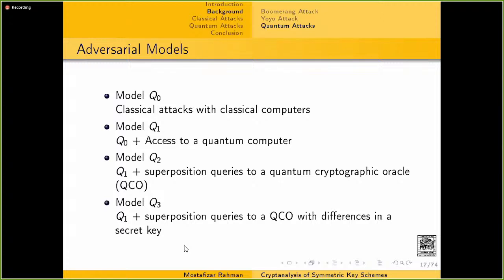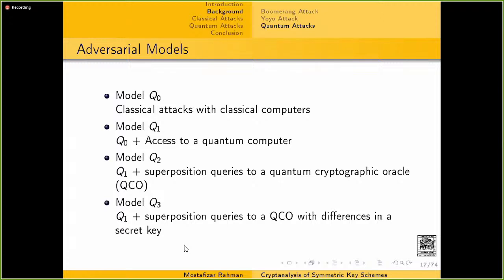In the Q1 model, the adversary has no power to make superposition queries to the oracle, but he can do offline computation using the quantum computer. Whereas in the model Q2, in addition to the power of the model Q1, the adversary can make superposition queries to the quantum cryptographic oracle.